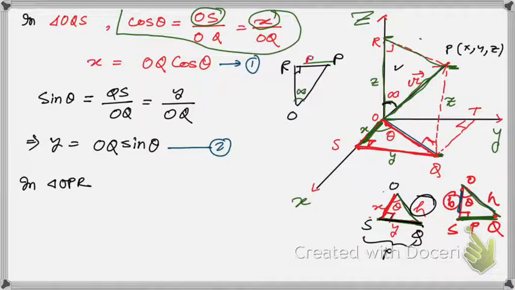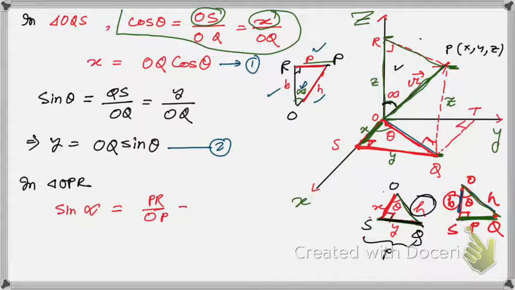So here there is the perpendicular, base and hypotenuse. In OPR, if you find sin alpha, this angle is alpha. So sin alpha is perpendicular by hypotenuse, PR by OP.